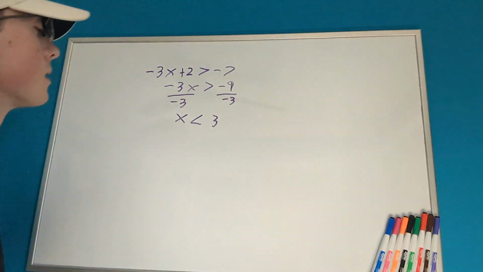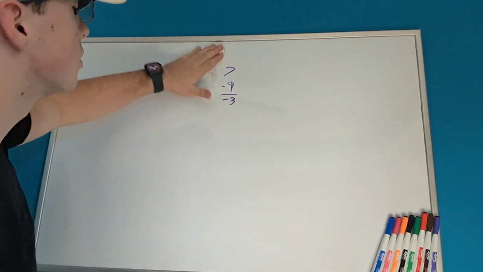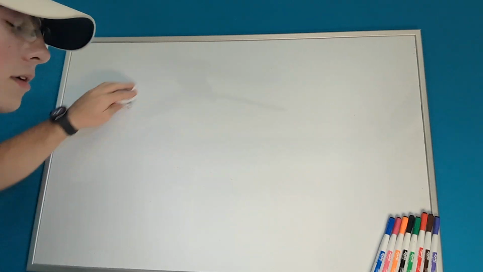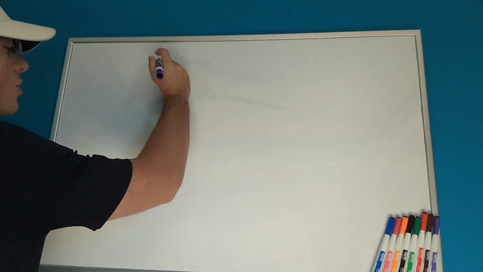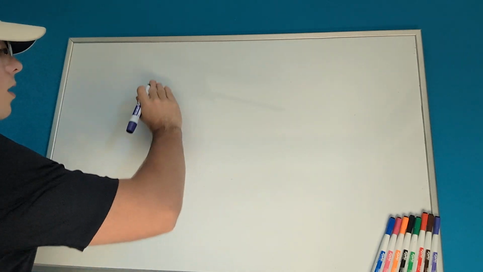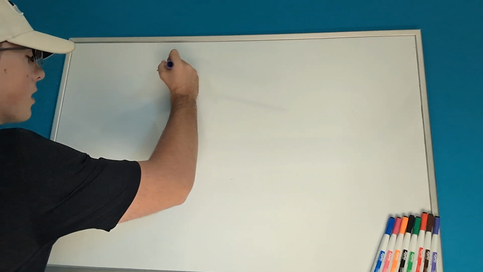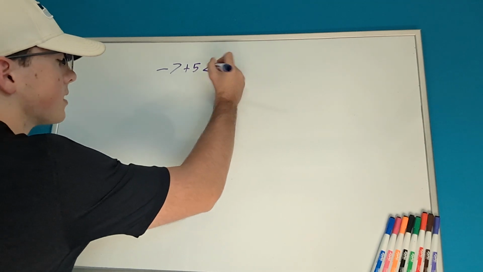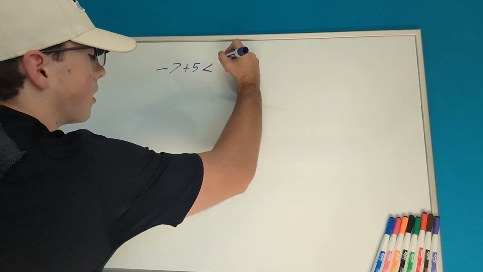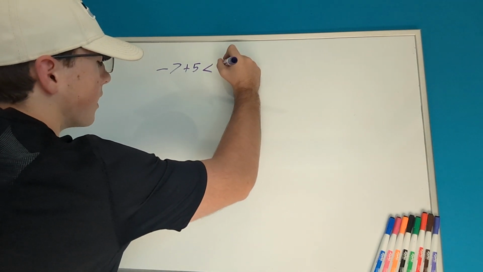Okay? So now, let's do one more example, throwing together all we know. Actually, here, let me introduce you to one more concept, and then we'll wrap up the video. Let's do negative 7y plus 5 is less than negative 9.